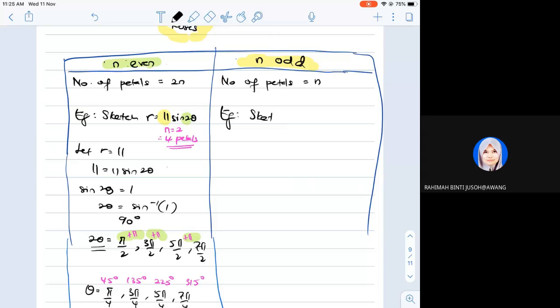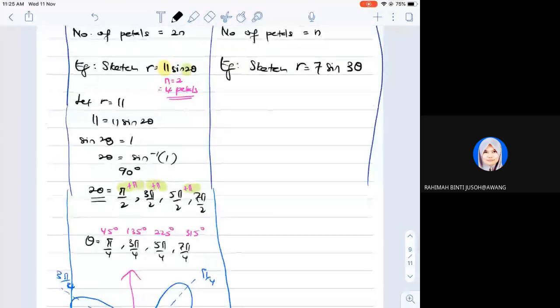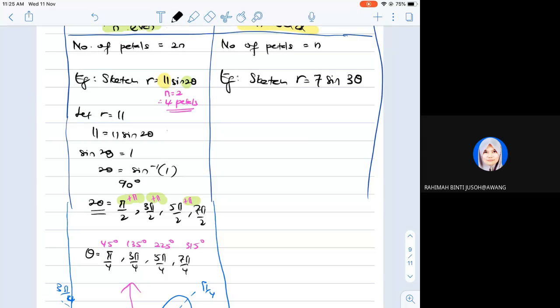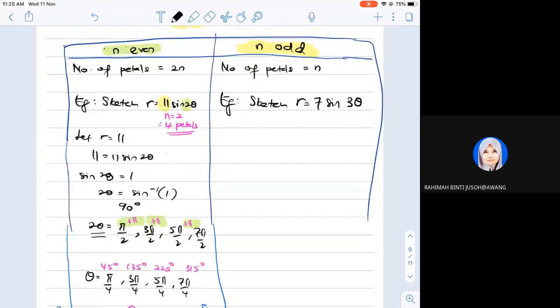Sketch r equals, let's say, 7 sin 3 theta. Okay, now n is odd. The length of the petal is 7.